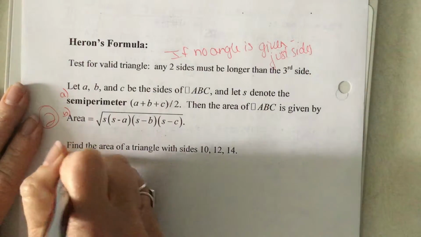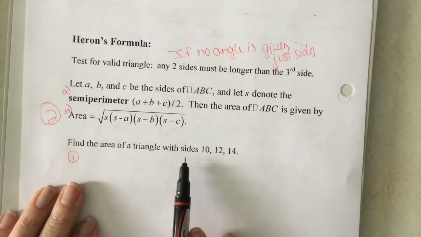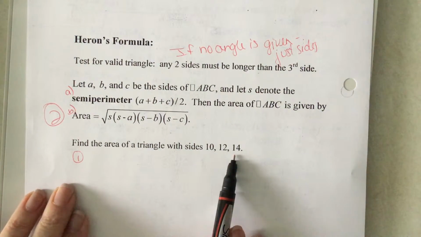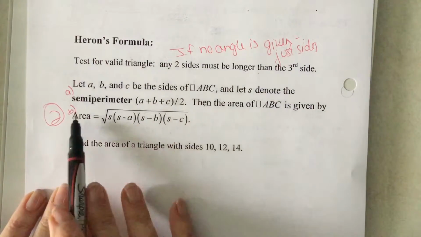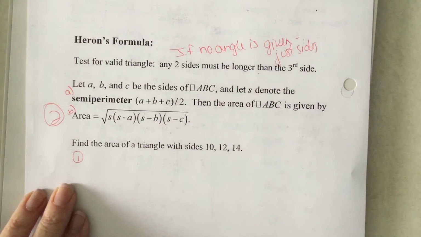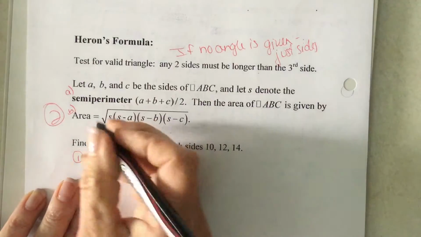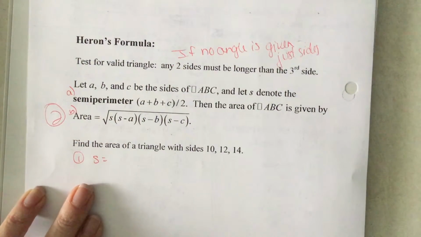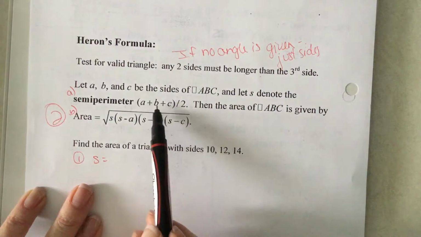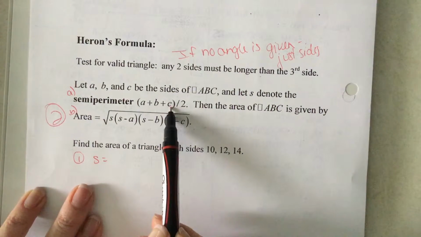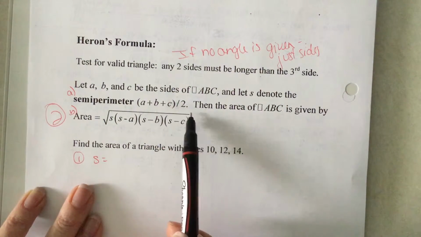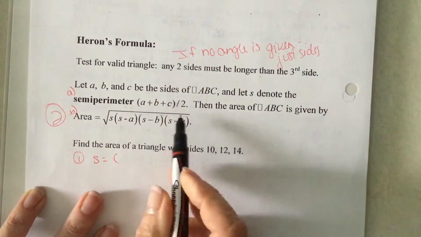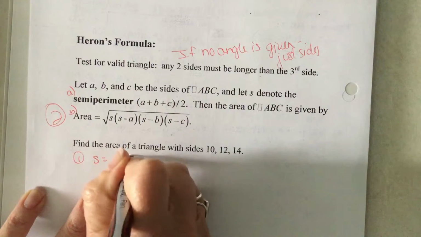So we're going to find the area of this triangle with sides. Notice no angle is mentioned. So we're strictly using the two-step area. The first step, we are going to calculate the semi-perimeter denoted with an S. We're just going to take all three sides, add them together, and then divide by 2. You must include the parentheses if you're doing it all in one step on your calculator.